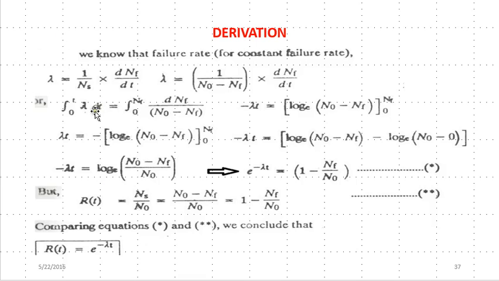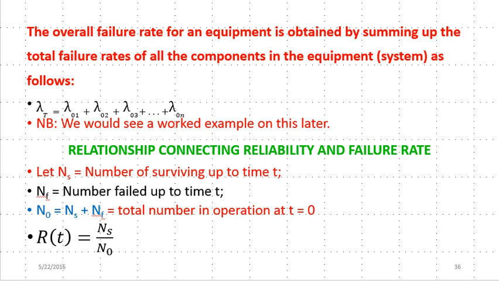Let us go back to our definition of the failure rate, which is 1 over NS times dNF/dt. By rearranging this, NS is equal to N0 minus NF, because if we go back to this slide, you can see N0 is the summation of the two. So therefore, NS should be this one minus this.